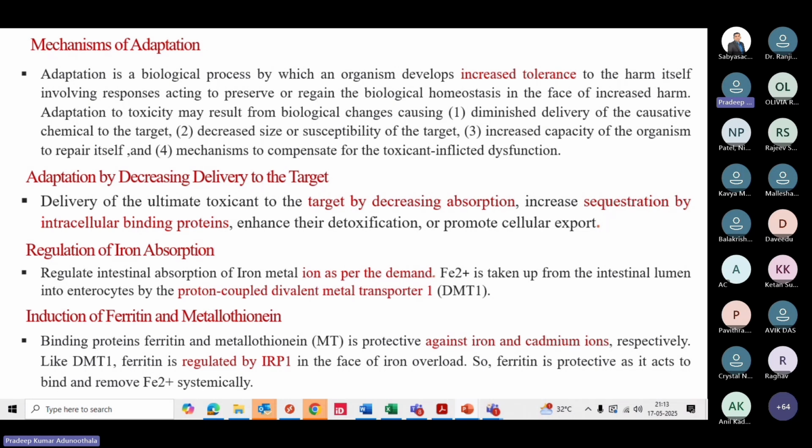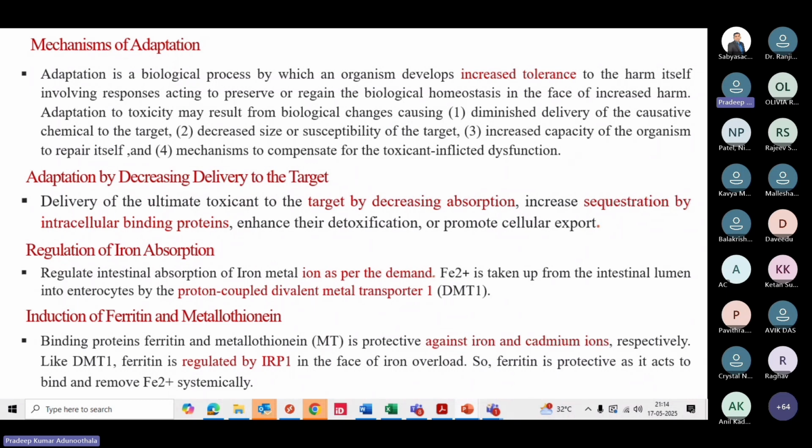And induction of this regulation will be done by the proton coupled divalent metal transporter DMT1. This is present in the enterocytes, intestinal lumen. So induction of ferritin and metallothionein. These binding proteins, ferritin and metallothionein, are protective against iron and cadmium respectively: ferritin for iron and metallothionein for cadmium.